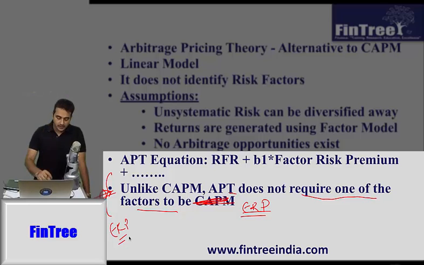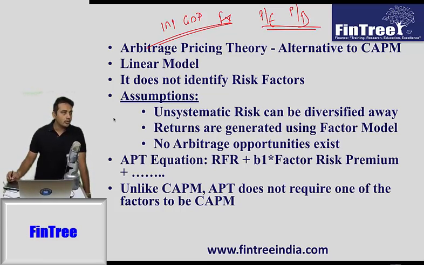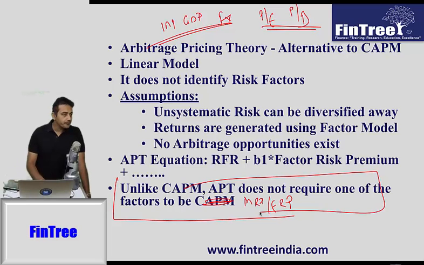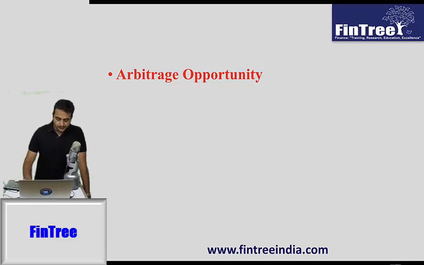Your factor exposure could be exposure towards interest rate, or GDP, or let us say Forex, or price earning ratio, price to book. It could be an economic variable, a fundamental variable, it could be anything. It is not necessary to have market risk premium or equity risk premium as one of the variables. Are we good with this?